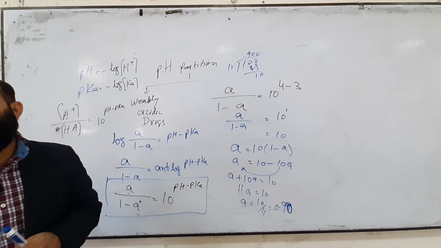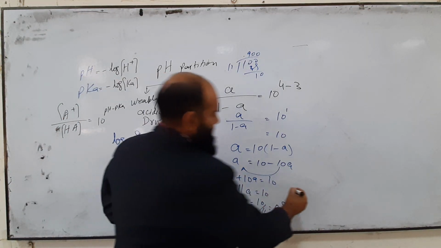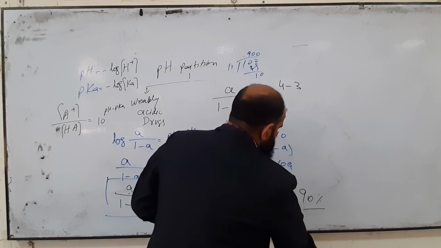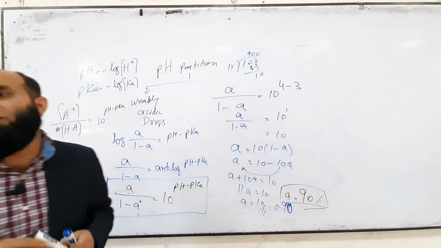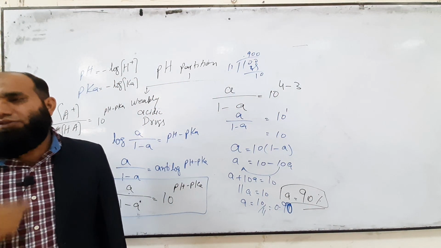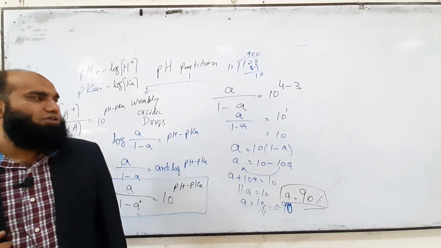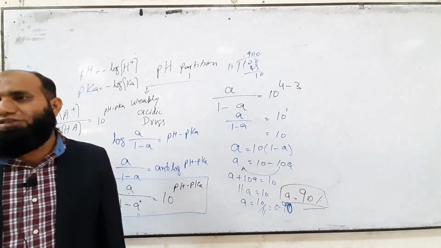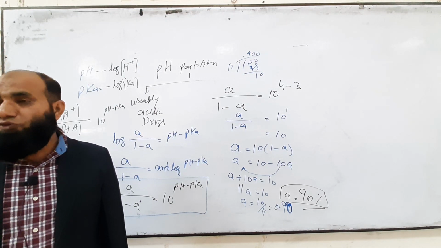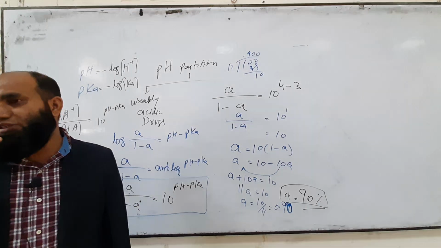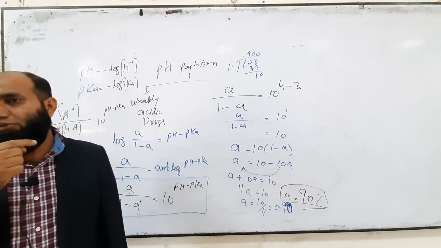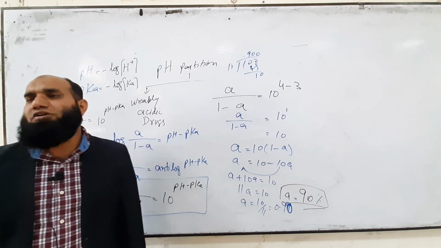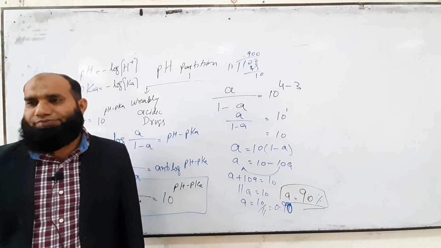So we will assume that 90% of the drug is ionized and 10% is unionized. So there is a maximum chance of the drug being in ionic form in the case of acetyl salicylic acid in that area, or we can say there is a minimum value of the unionized form of the drug, which is 10%.